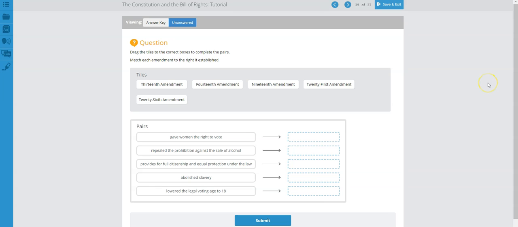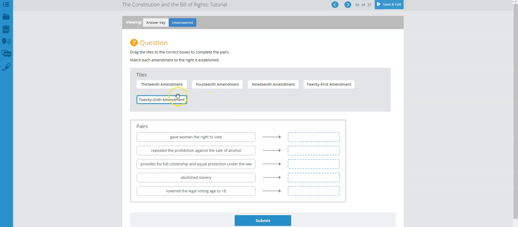And here you basically are given a whole bunch of amendments. In this case, you have tiles with the names of amendments: 13th Amendment, 14th Amendment, 19th Amendment, 21st Amendment, and 26th Amendment. You need to read what it's telling you here. In this case, gave women the right to vote, repealed the prohibition against the sale of alcohol.